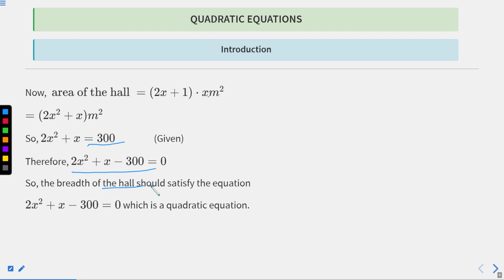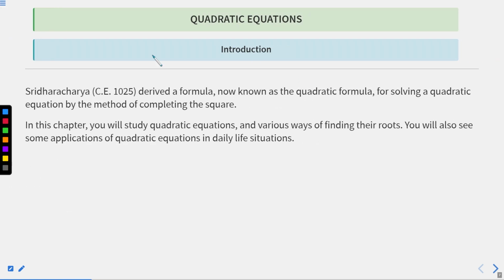Okay, so now we'll discuss Sridharacharya's formula. You already know about Sridharacharya, who was a great mathematician. Sridharacharya in CE 1025 derived a formula now known as the quadratic formula.